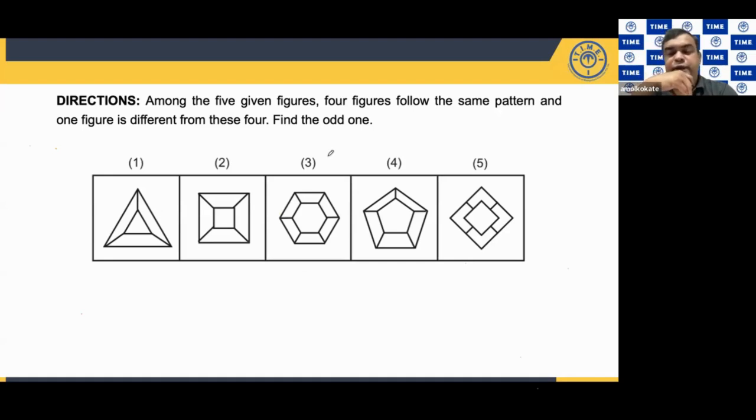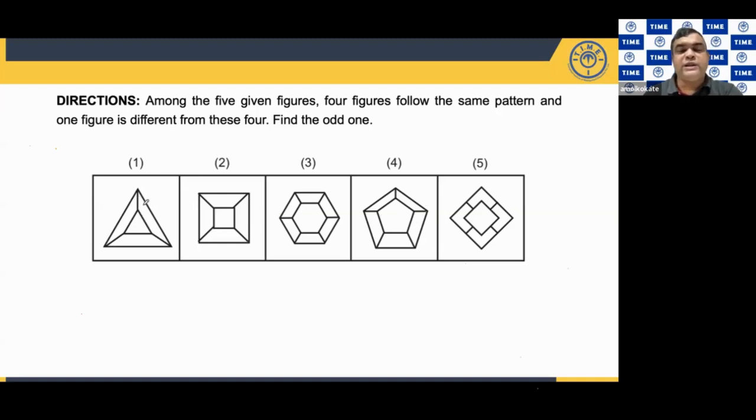Manisha is also saying fifth. Keith is saying fifth. Simple logic. Look at every figure. The first figure: triangle inside, triangle outside. Second figure: square inside, square outside. Third figure: hexagon inside, hexagon outside. Fourth figure: pentagon inside, pentagon outside. Fifth figure: square inside, square outside.